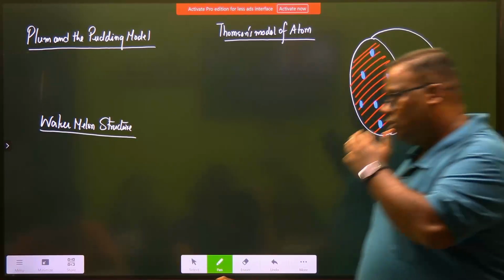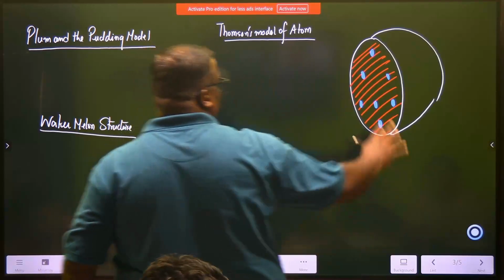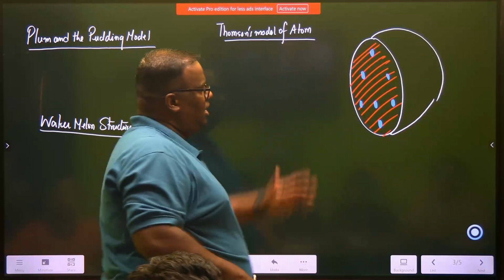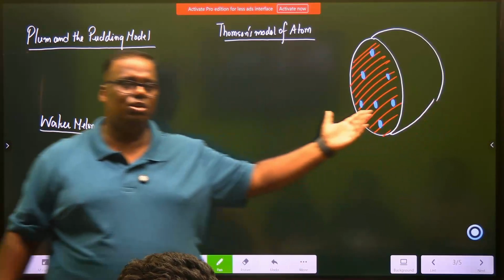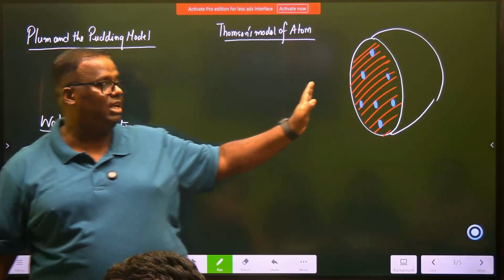Thomson's model says that the atom can be compared to a sliced portion of a watermelon. What do you see? Red in color.